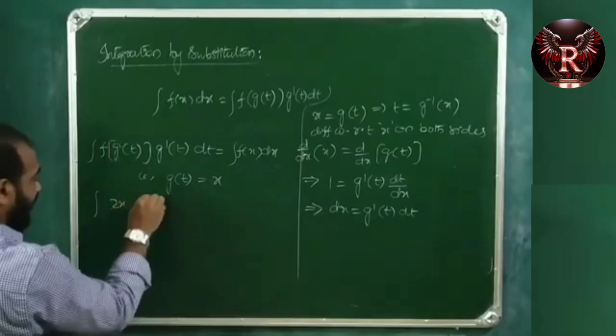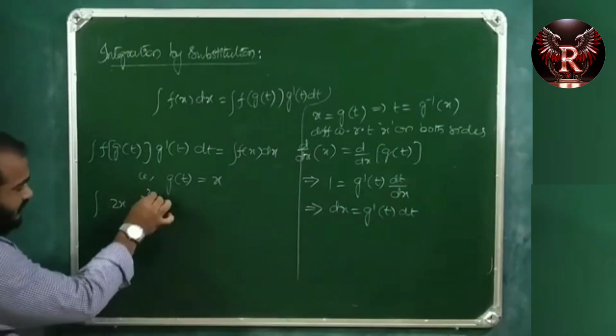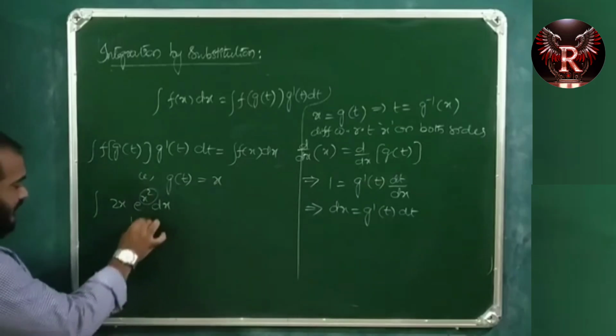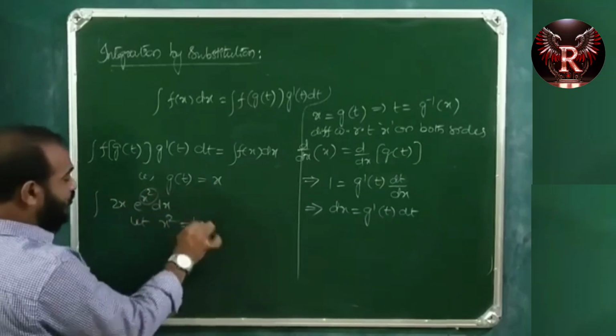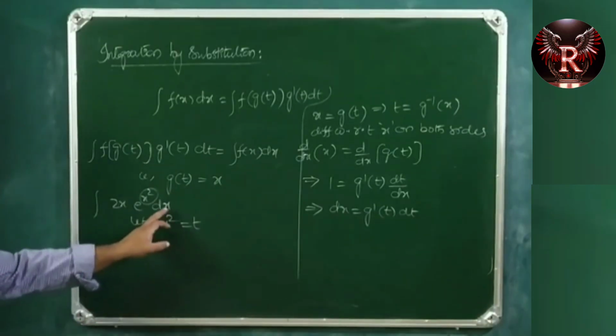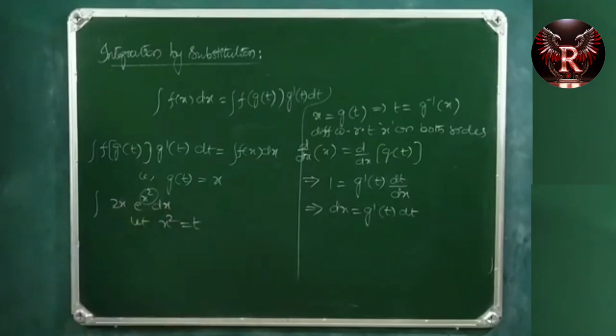Consider integral 2x into e power x square dx. So here the derivative of x square is 2x. So let x square equal t be taken. Now dx is the differential operator here.